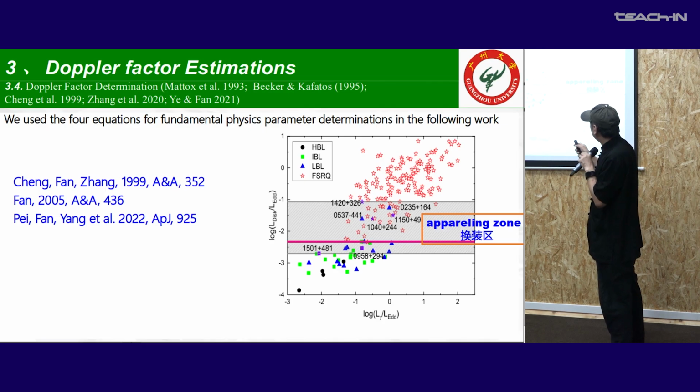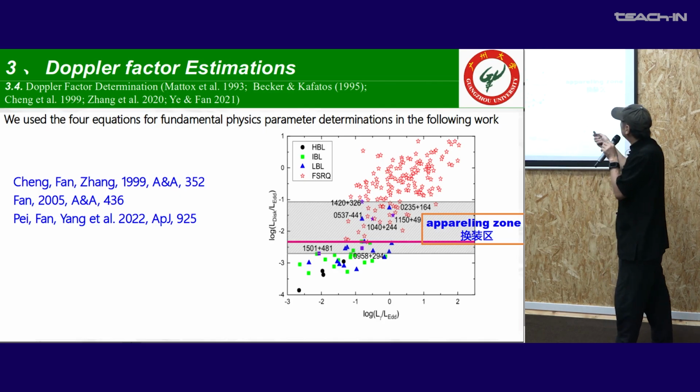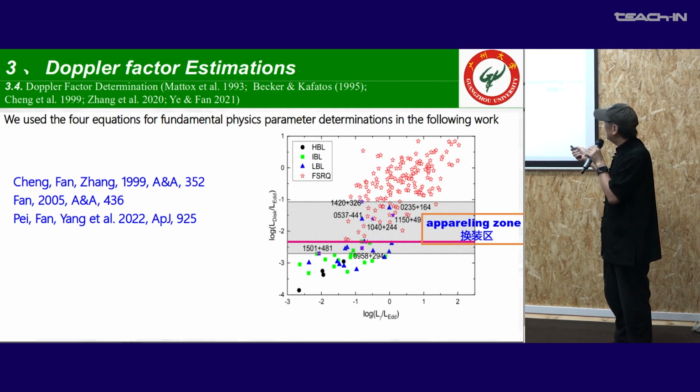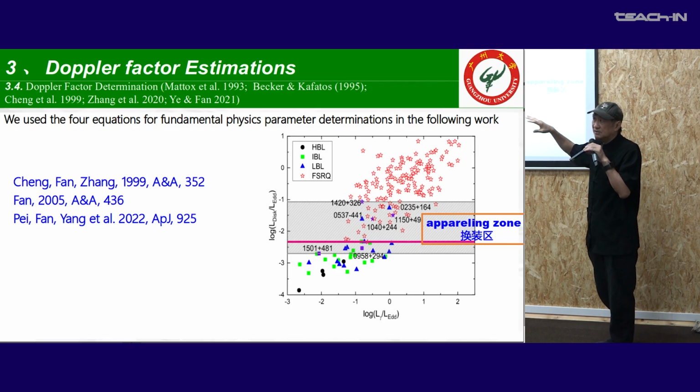Here the stars are FSRQs, and the rest are BL Lac objects. And we found that there are some sources that sometimes are FSRQs, other times they are RBLs. We call these changing-look blazars.